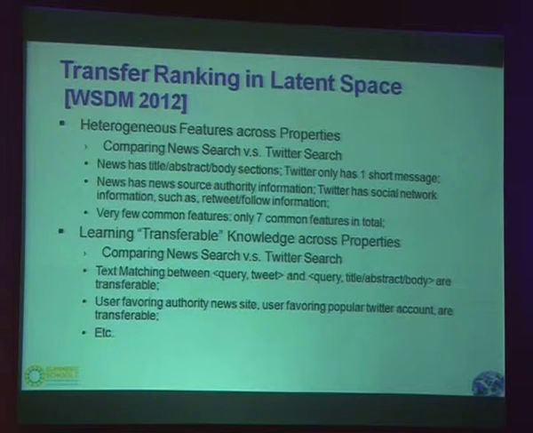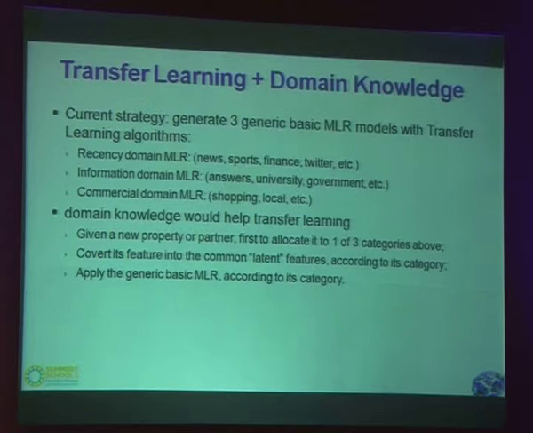We map them all into some latent feature space we call text matching. And we map the news site authority and the Twitter account popularity into some latent space. We call it something like popularity features. And then we can learn some model on the latent space. And this kind of latent feature actually is a combination of some existing features.